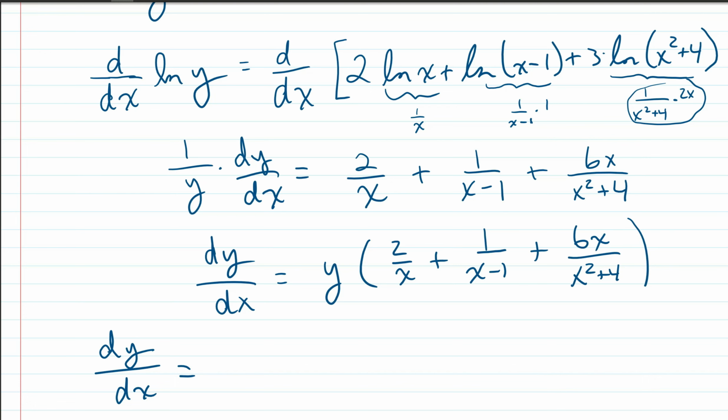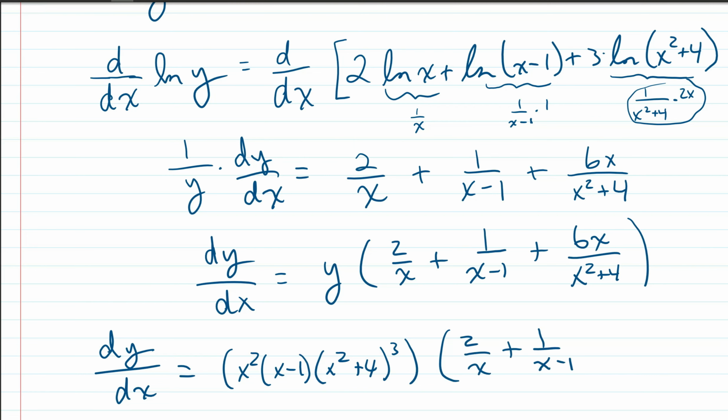Well, y was what we had in our original question. So y is x squared times x minus 1 times x squared plus 4 cubed, times 2 over x plus 1 over x minus 1 plus that 6x over x squared plus 4. All right, and that is our derivative.